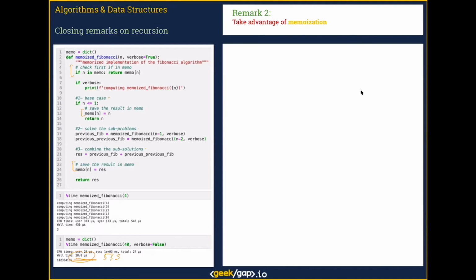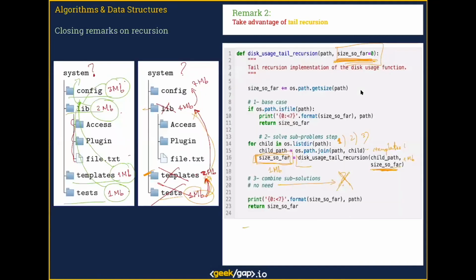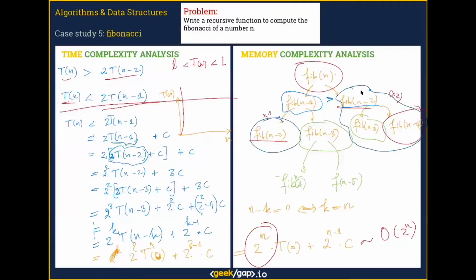So remember, when we had our Fibonacci, we were computing the same thing many times, but they were not computed all at the same time, right? Because see, when we're trying to find fib of 2, the first time we try to find fib of 2 is here, right?